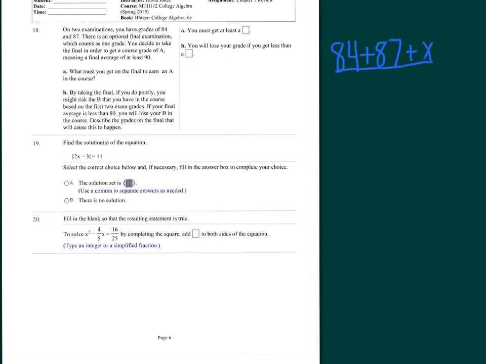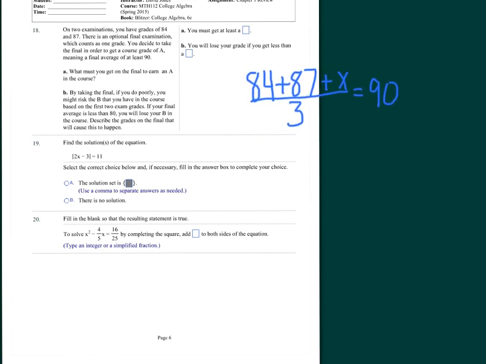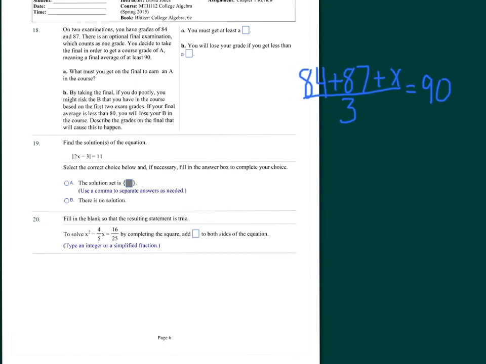And then ultimately, once we've got that grade, we're going to divide by 3, because now we'll have 3 tests. And we're hoping that this averages out to a 90. Okay? So if we can get this far at least, then all we've got to do is do a little bit of work to get that by itself. Let's shrink that a bit.